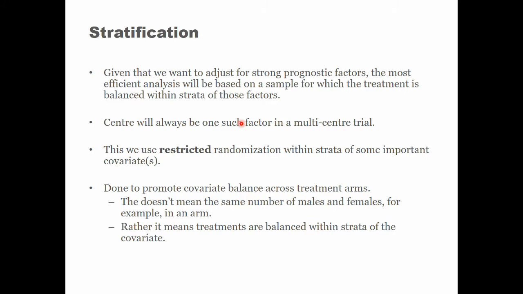In other words, stratification and adjustment work together to give us the best, most efficient estimate of our treatment effect. So the practical outcome is the same. We are going to stratify on strong prognostic factors when we can, but that's not a complete solution. You still need to adjust for them in the model.